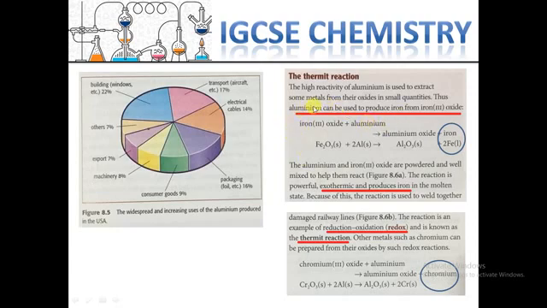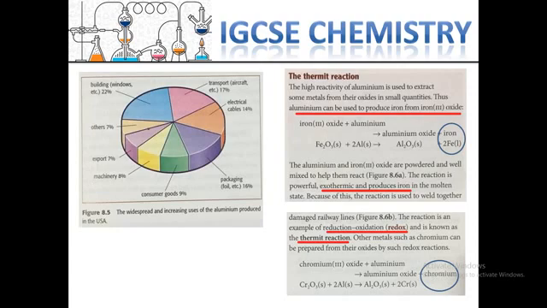According to this reaction, iron(III) oxide with aluminium gives aluminium oxide, and it also produces iron, so 2 iron. This reaction is exothermic, which we learned about before, and it is also a reduction-oxidation reaction, called a redox reaction, which we also studied in previous lessons.